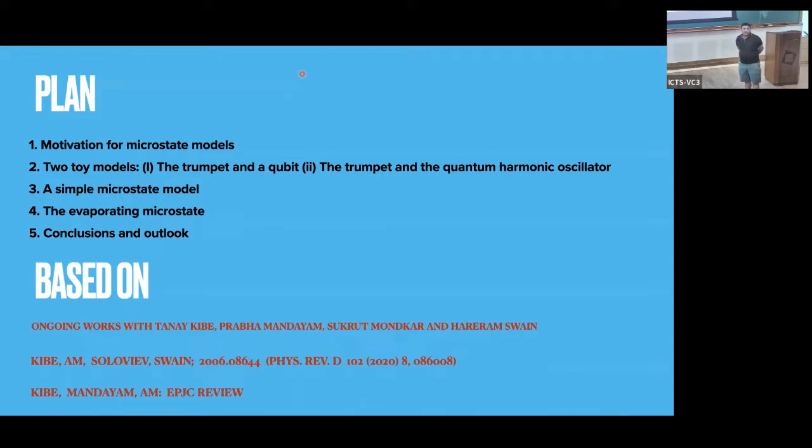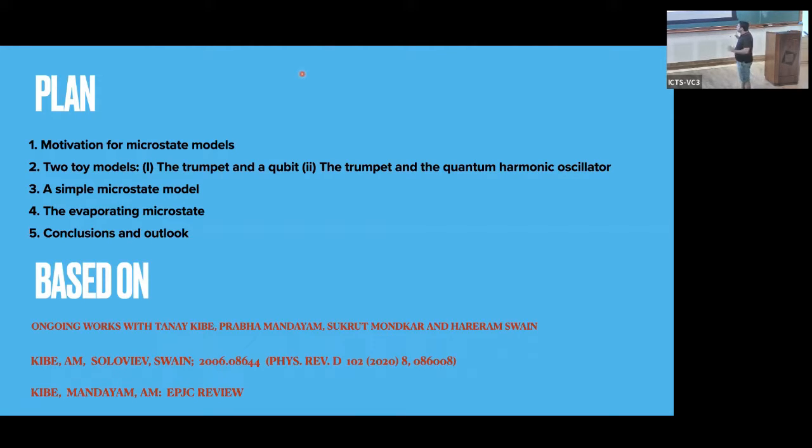And then I will talk about a simple microstate model which incorporates these kinds of insights, but that will be firstly at some classical level. And then I will talk about including this evaporation process and show how some of the insights in these toy models are actually replicated. And then I will end with some conclusions and outlook.